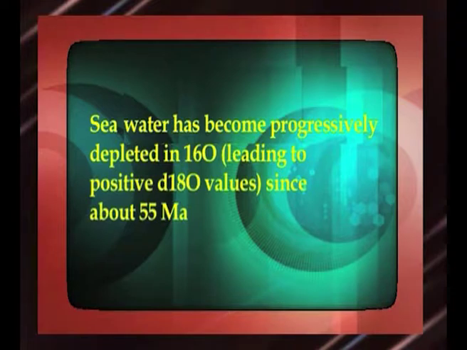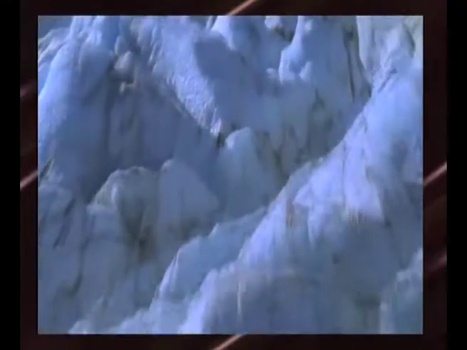Since about 55 million years, this has occurred in a series of steps, probably reflecting first the cooling of deep waters, followed by onset of permanent ice on Antarctica at around the Eocene-Oligocene boundary.